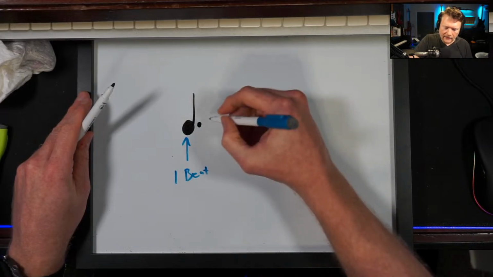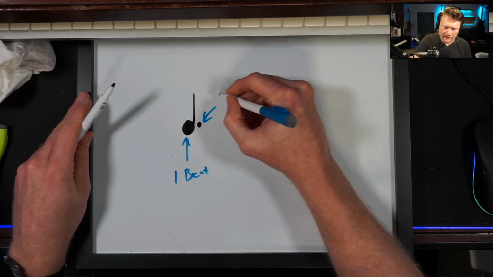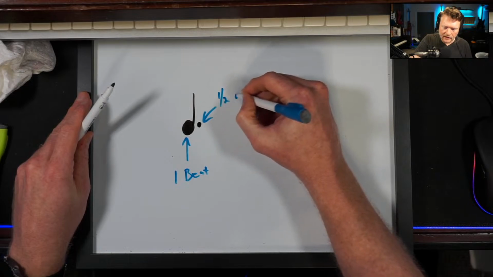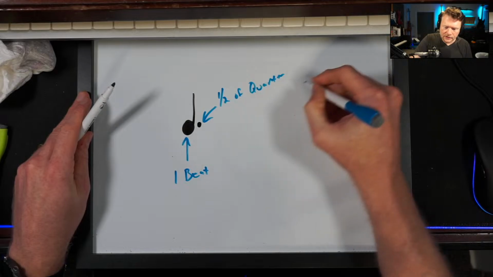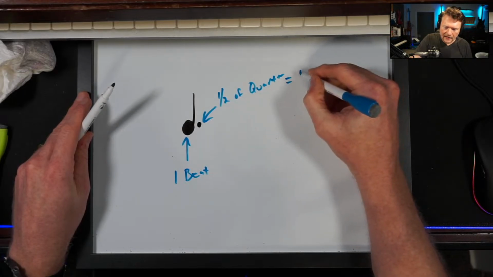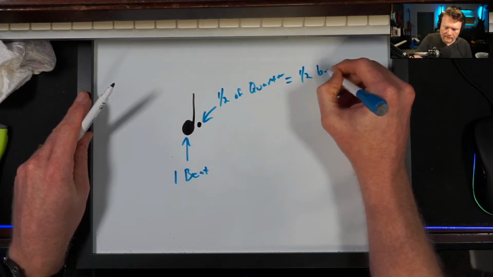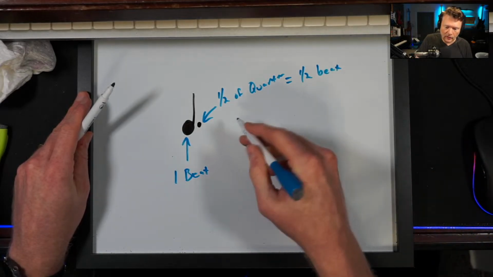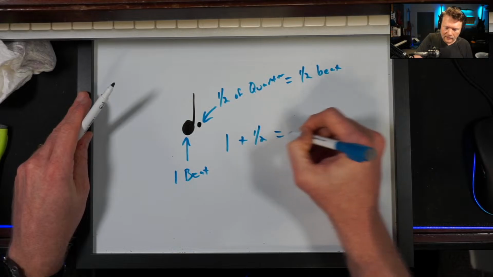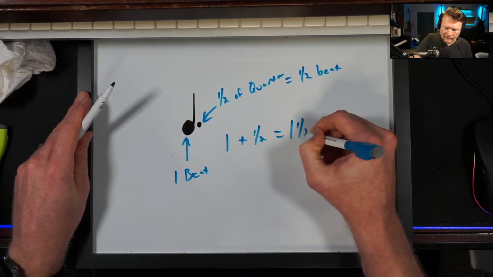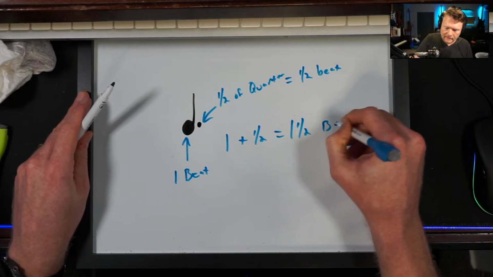And then our dot here is worth half of the quarter note, which is going to be half a beat. So all this together, we have 1 plus 1/2 equals 1.5 beats.